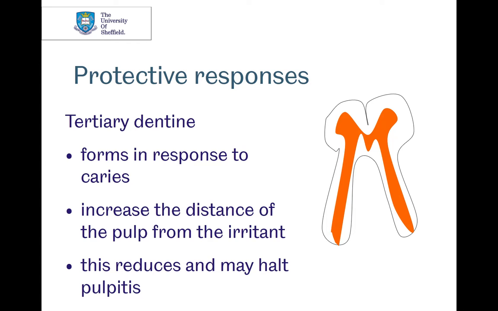And if it removes far enough and the caries maybe doesn't extend much further, if you get an arrested caries lesion or the caries is removed, well then the pulpitis may halt. So here's our lesion, and then you begin to get the formation of tertiary dentine and the pulp moves away from the lesion.